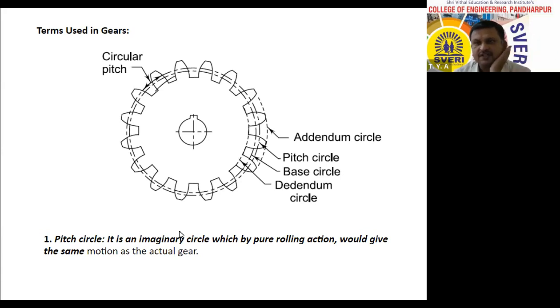Always remember, a gear is usually specified in terms of pitch circle diameter. If I say that the gear is of 200 mm diameter, then 200 mm is nothing but its pitch circle diameter.